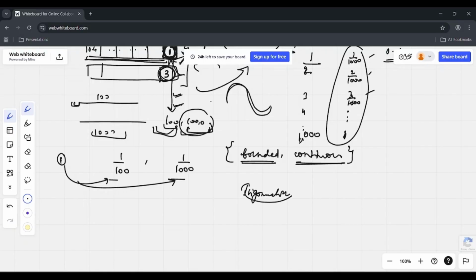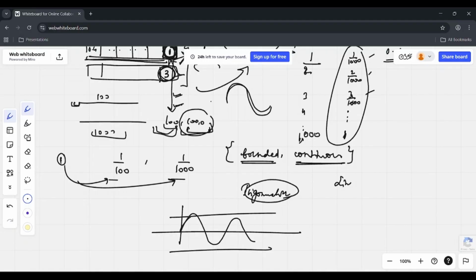These are the best way of representing things, right? Because let me consider the sine graph. This is how my graph will look. Now the values are bounded, the graph is continuous, right? So this is something that we can use. It's the easiest way, right? So that is why researchers thought, why not use a trigonometric function.